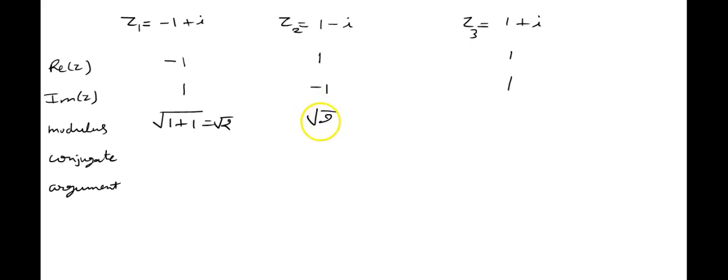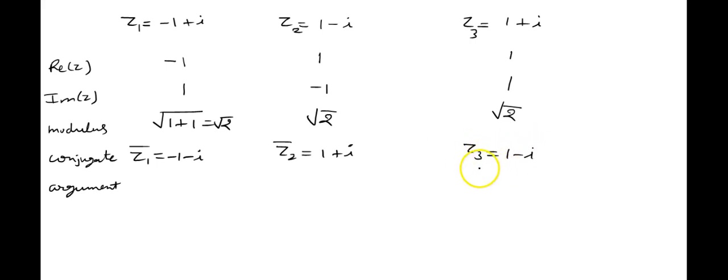Same goes for this, root 2, and same for this, root 2. If I have to find the conjugate, z1 bar will be -1 - i. The conjugate of z2 is going to be 1 + i. The conjugate of z3 is going to be 1 - i. What I have to do is just change the sign given over here. If this is plus, I'll write minus. If this is minus, I'm going to write plus.